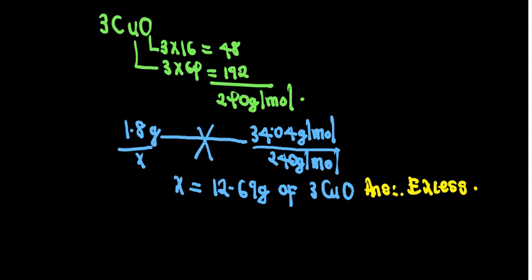So the difference between 90.4 and 12.6 grams is how much was in excess for the copper oxide. So this is how you find out the one that was in excess and the one that was limiting. So whenever you're given any kind of questions, any chemical reaction with given masses, just take the following procedure and see how you can arrive at a point where you can find the one that was limiting and the one that was in excess.